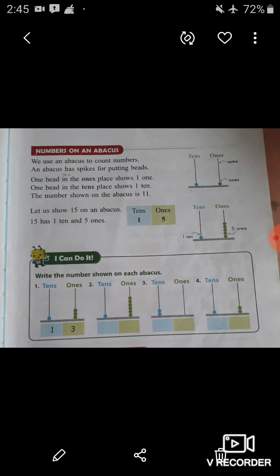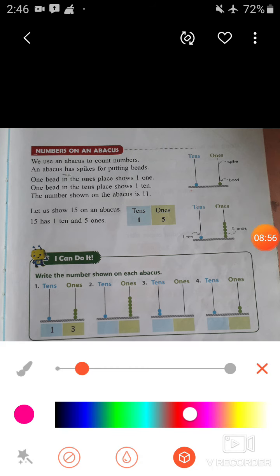Now let's do the second one. In the second, let's count the beads. In the tens column there is 1 bead. So you have to write 1 in the box, because there is 1 ten.